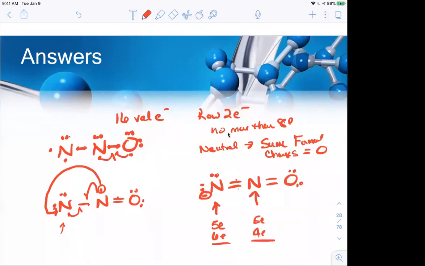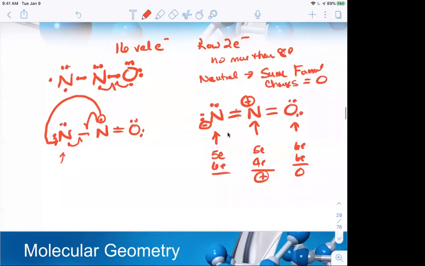This is going to be a positive. Here I have 6 electrons. 1, 2, 3, 4. Half the bonding is 6. That's 0. So here, plus and negative equals 0. So I can have this internal formal charge. That is not a problem here.